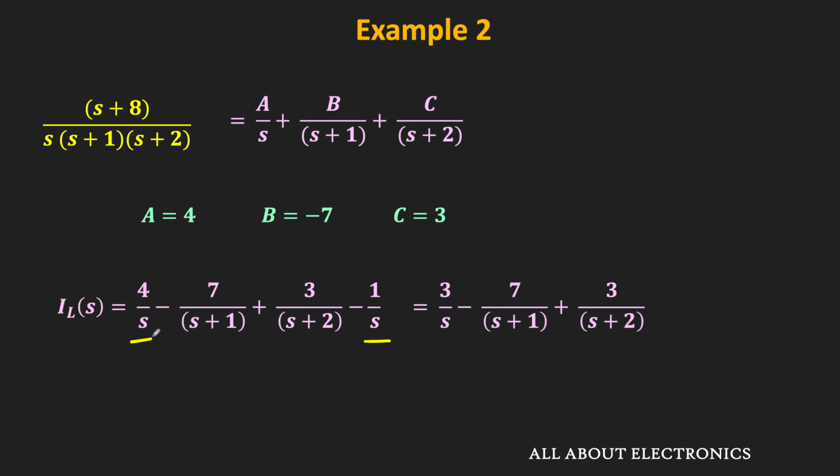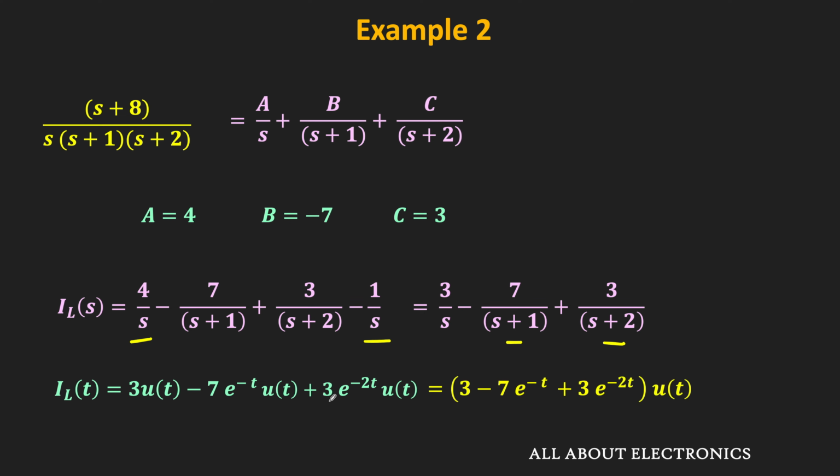So we know that the inverse Laplace transform of 1 divided by s is equal to u of t. And using the frequency shifting property, we can also find the inverse Laplace transform of the second and the third term. That is e to the power minus t times u of t and e to the power minus 2t times u of t. And along with the coefficients, this is the expression of the inductor current.